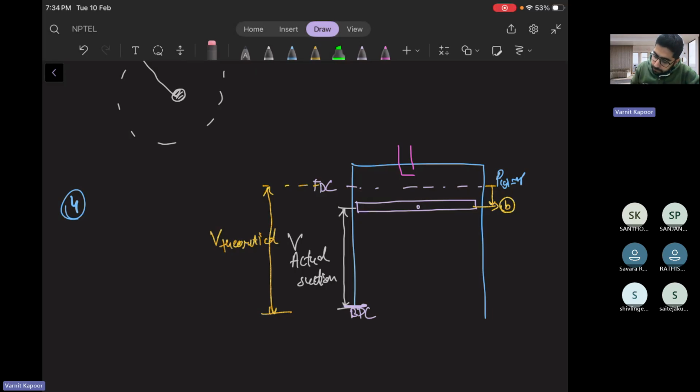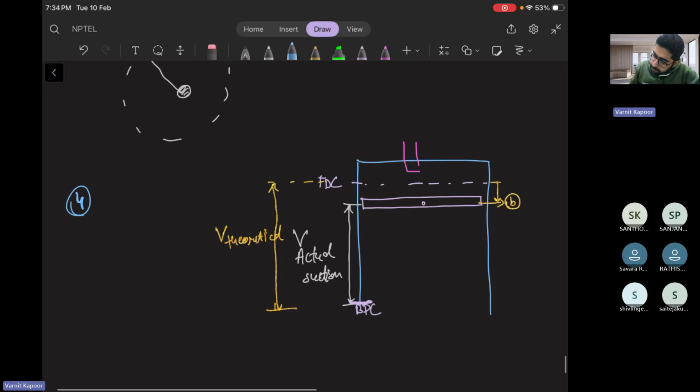At this point only, P in the cylinder was equal to P of atmosphere, and then only the injected fuel can come inside. At this point P of cylinder is greater than P of atmosphere. Now from the start of B, the air fuel mixture will start entering inside.